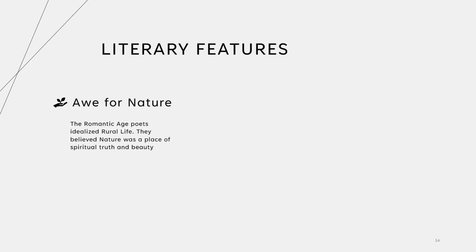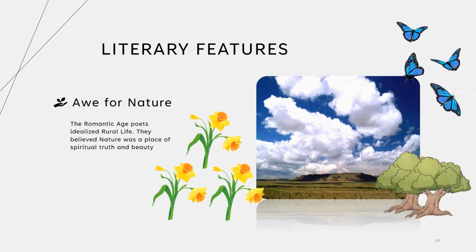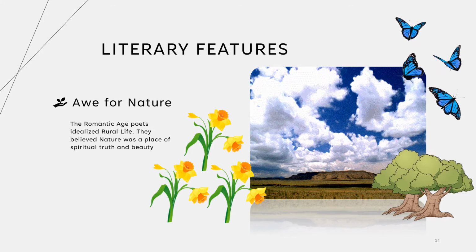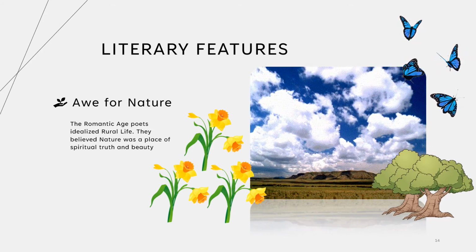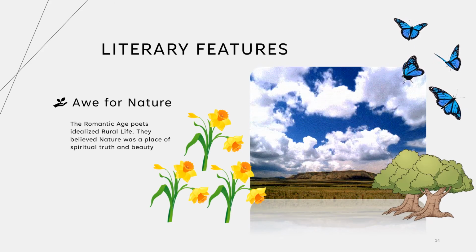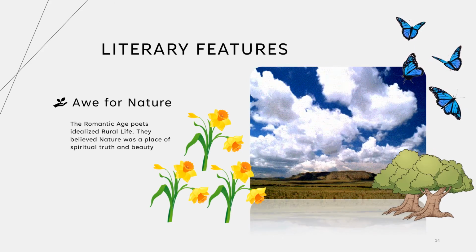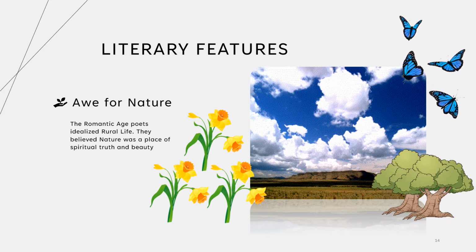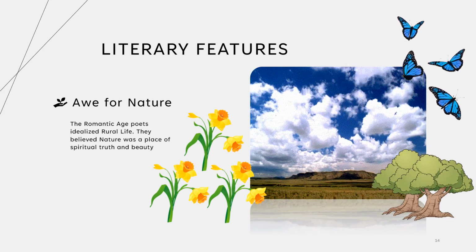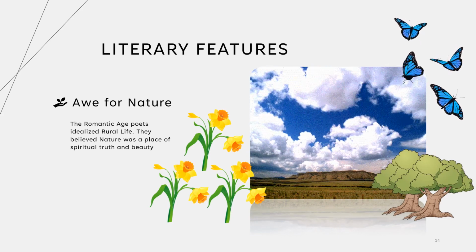Number 2. Awe for nature. Nature was a dominant theme in Romantic poetry, understood to represent the divine presence in the world and a source of beauty, innocence and solace to humankind. It was a power and a force in its own right, something divine.